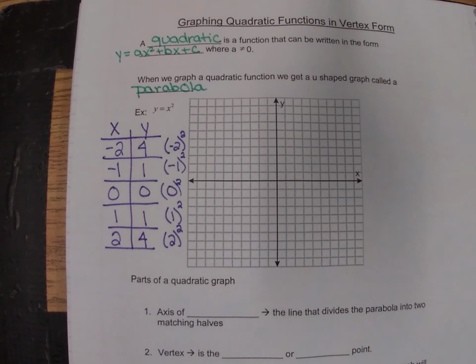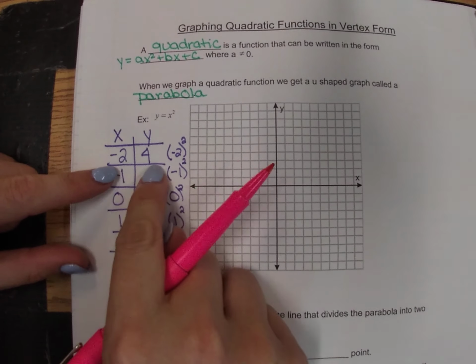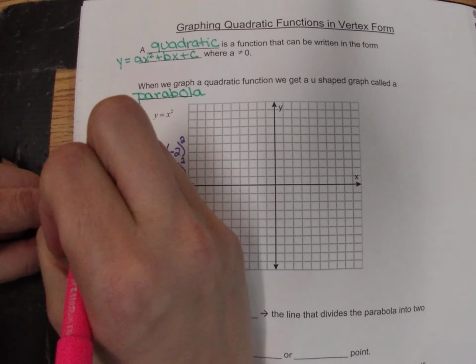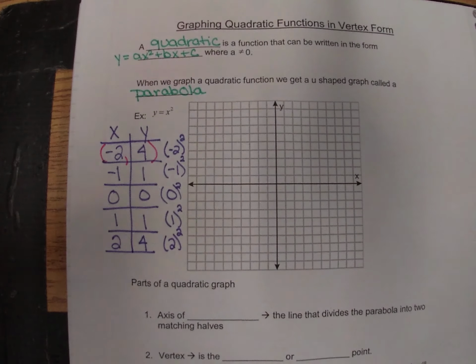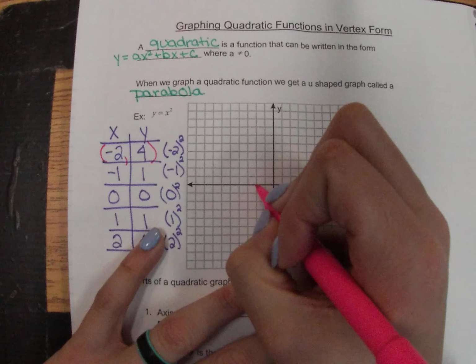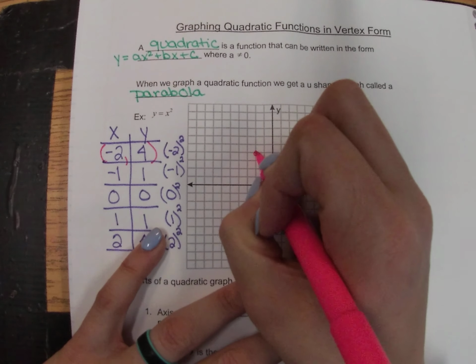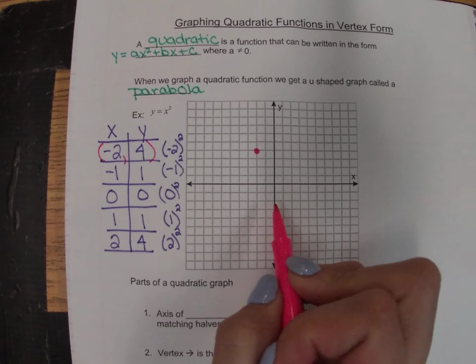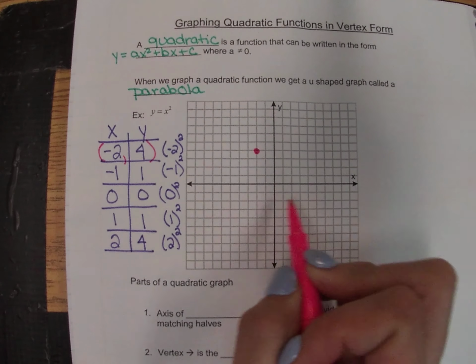Once we identified those values in our table, we then learned that those values actually make ordered pairs. So we now know that this is the ordered pair (-2, 4). We can plot on our coordinate plane the point (-2, 4). Remember, when we are plotting a point, our first coordinate is our x movement.